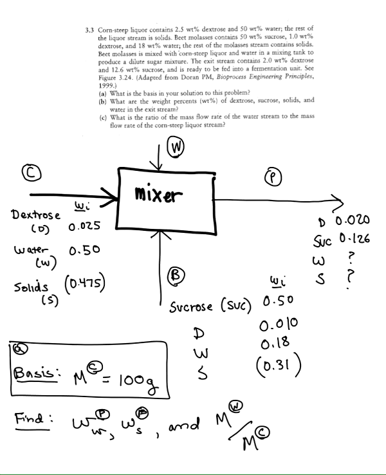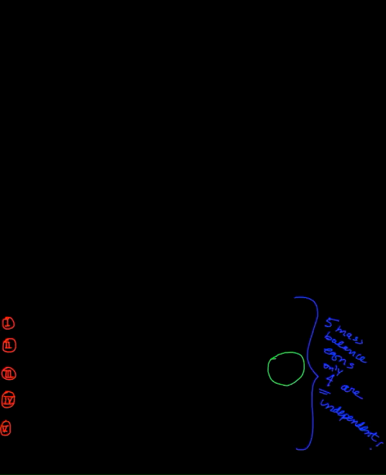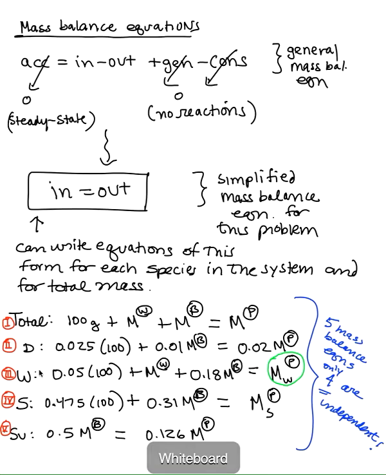Well, I went back and inspected my diagram and the problem statement, looking for mistakes, and it turns out that the mass fraction of water coming in stream C is 0.5, but in my mass balance equation for water, I actually put 0.05, so that's a mistake, and we have to fix it.